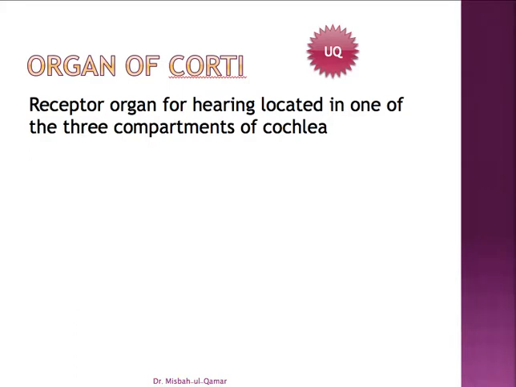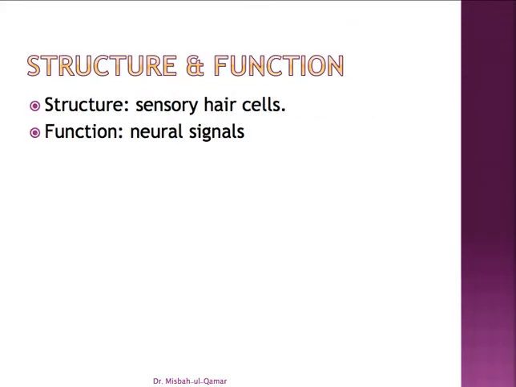It's a neuroepithelial structure. It is the receptor organ for hearing, located on the basilar membrane in one of the three compartments of the cochlea. Right. So let's have a look at the structure and the function of the organ of Corti.